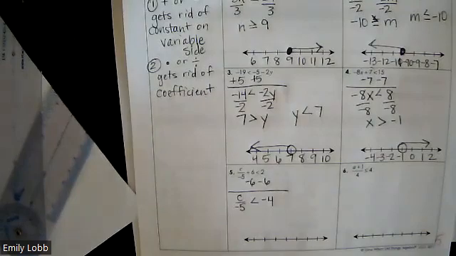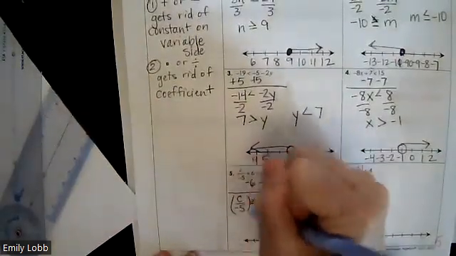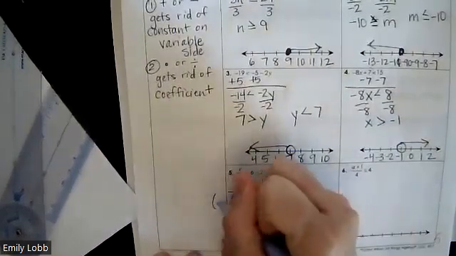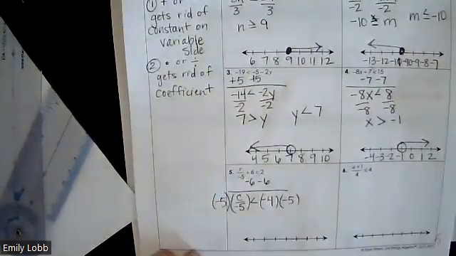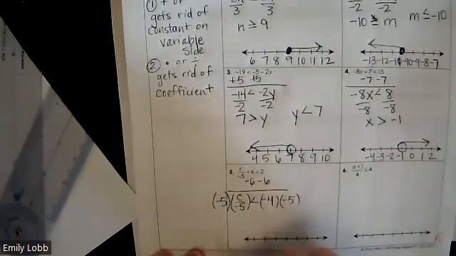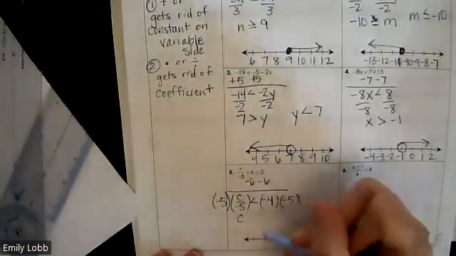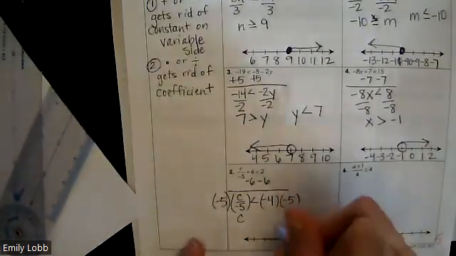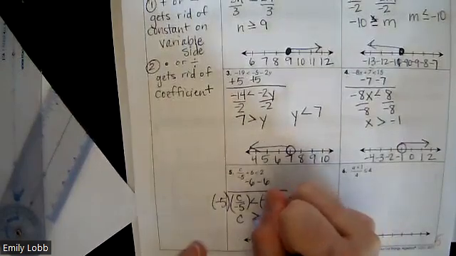To undo dividing by negative 5, I have to multiply both sides by negative 5. That gives me negative 5 divided by negative 5, which is 1. So I have c here. When I multiply or divide with inequalities by a negative, I have to flip my sign.